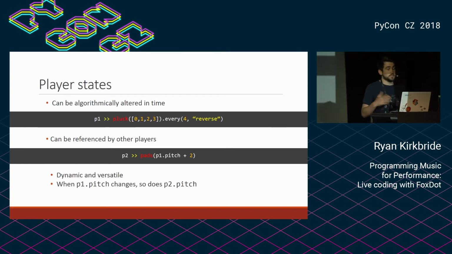Reverse just uses the getattr function to look up the method and will raise an error if it's not found. You can also reference things like the pitch, amplitude or duration by using the dot, like p1.pitch will return the pitch, and I can add 2 to it. So this second player, pads, will always play 2 steps in the scale above the pitch of p1. And if I change p1's pitch, then p2 will automatically update because it's a dynamic object, which is quite nice.